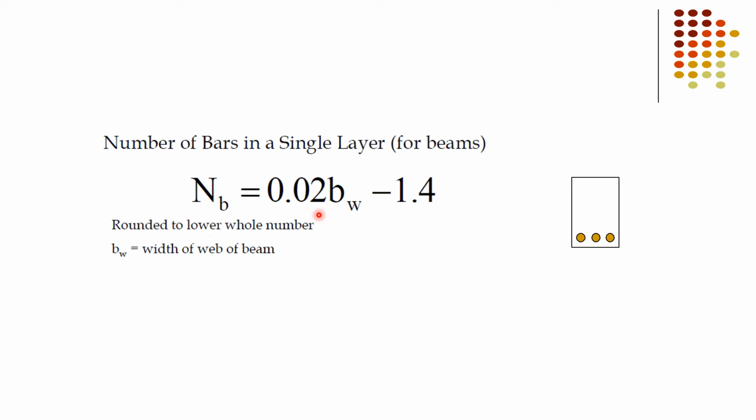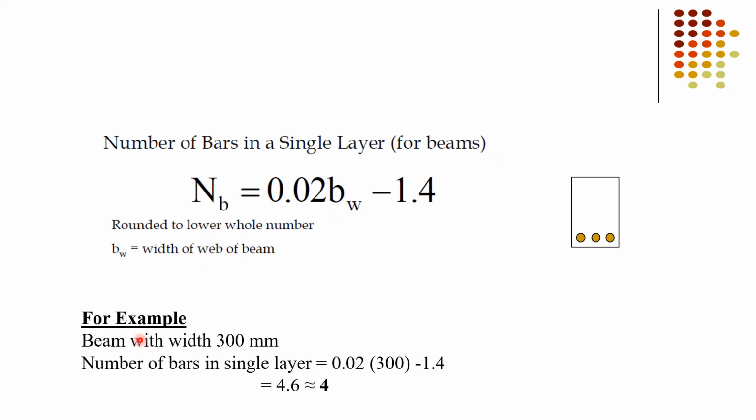BW in this formula is the width of the web of the beam. Here is the rectangular section; this bottom end is the web of the beam. If there is a T section, then the web width of the beam will be the bottom part.